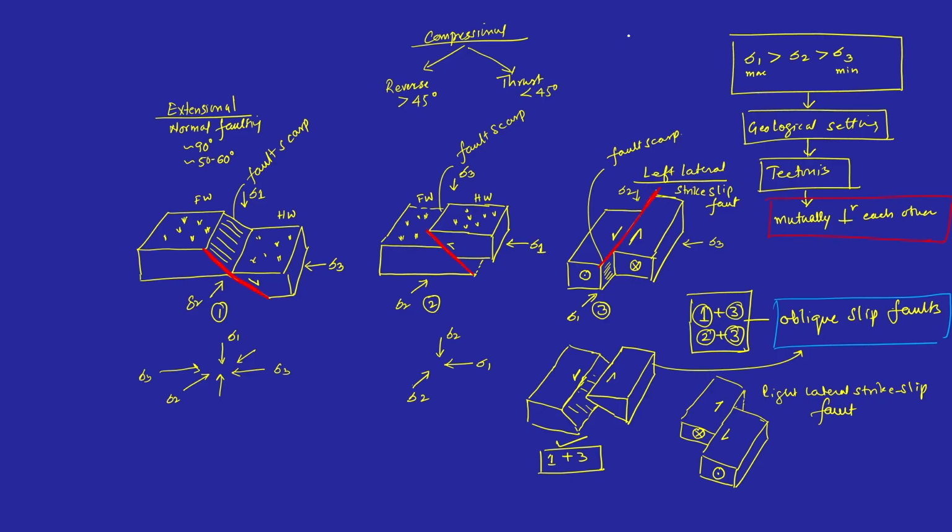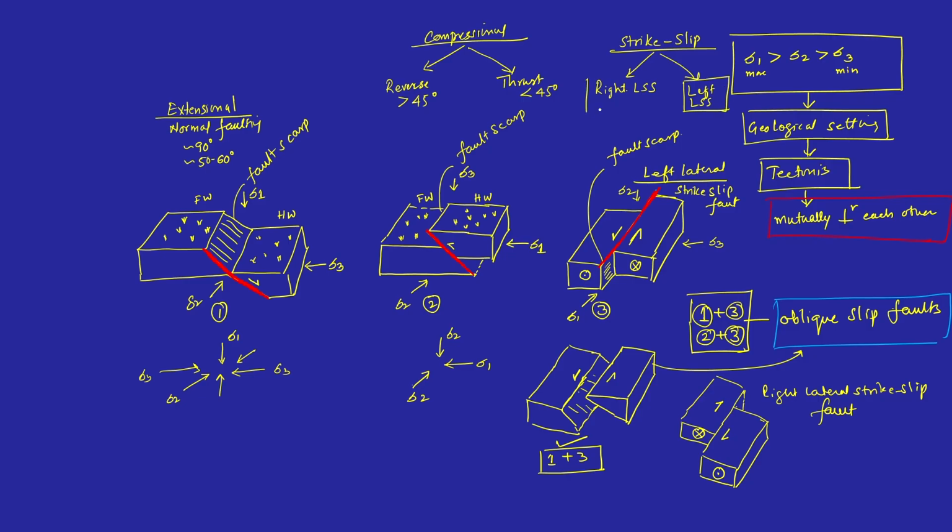And in this, we have what we call a strike slip environment. Okay, and in this one, we have right lateral strike slip, and then we have left lateral strike slip.